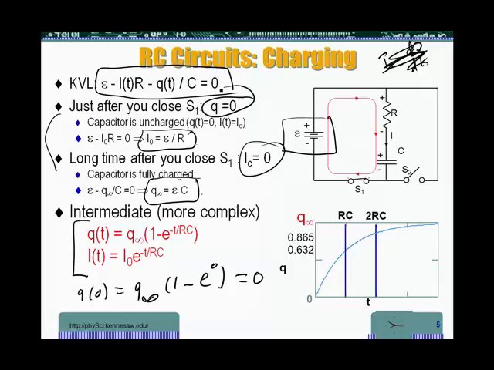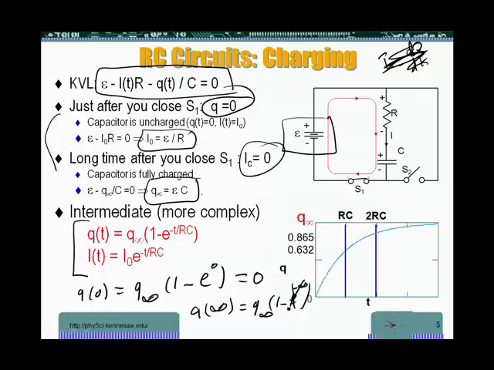Now what about Q at infinity? Q at infinity is Q infinity times 1 minus exponential of a number that's very large, minus infinity. The exponential of minus infinity is 0.